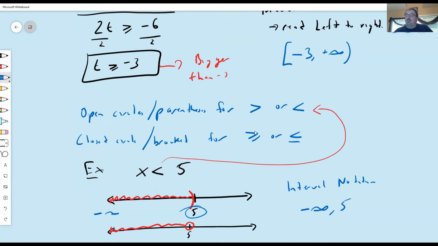Now when you deal with infinity, whether it's plus infinity or minus infinity, infinity means you have a number that's always growing. You never actually attain the value of infinity. So plus infinity and minus infinity always get parentheses. Now because I have strictly less than, that means parentheses on 5 too. That's my interval notation.